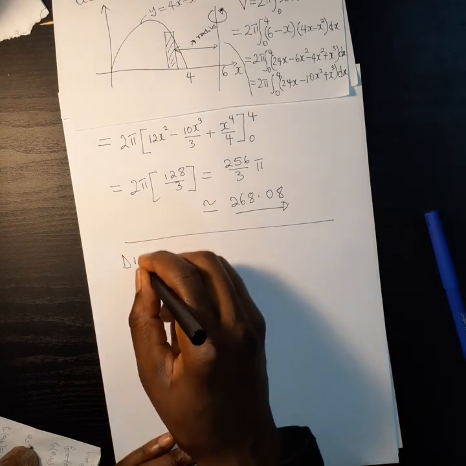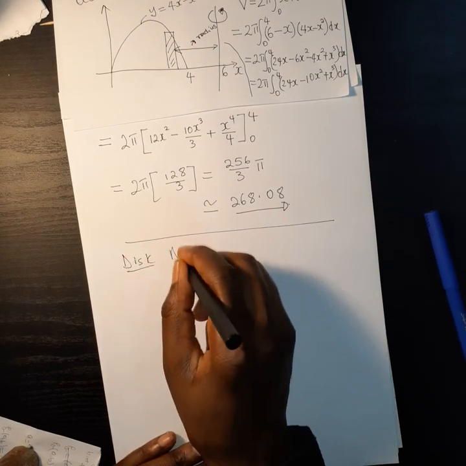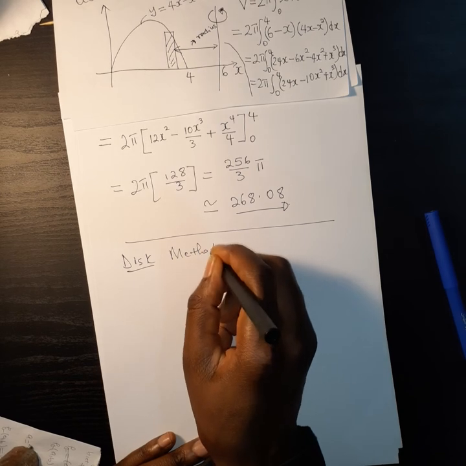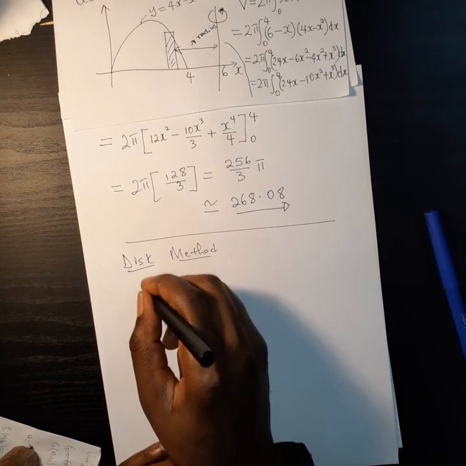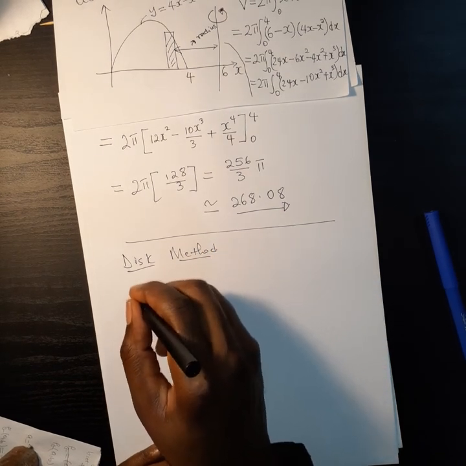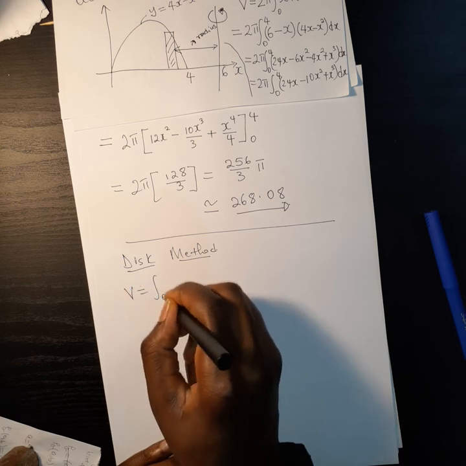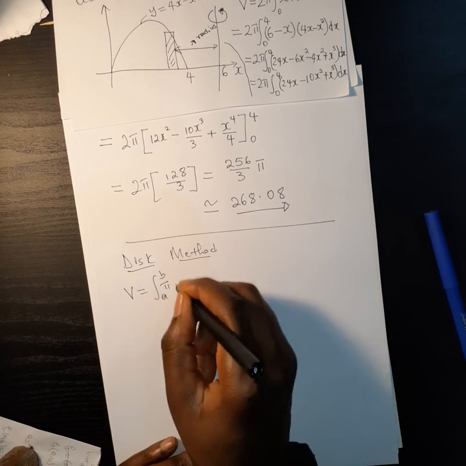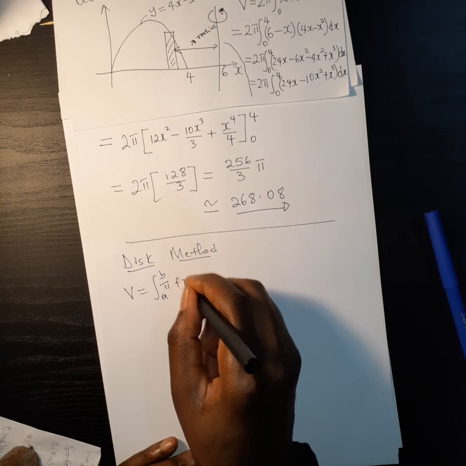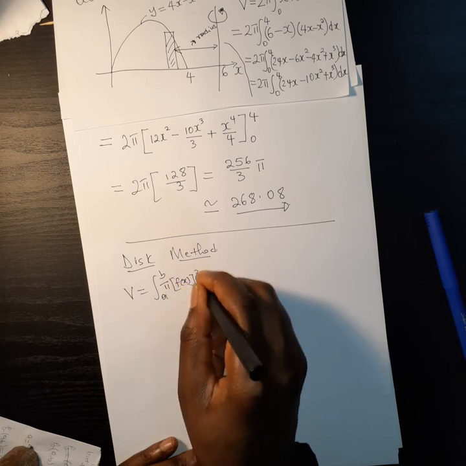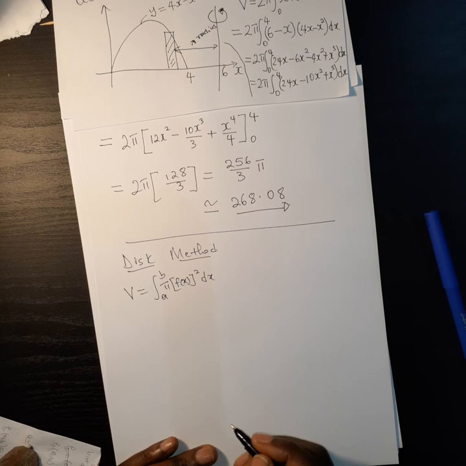Because for disk, we are talking of V equal to the integral from a to b of pi, say y squared, f of x squared dx, right?